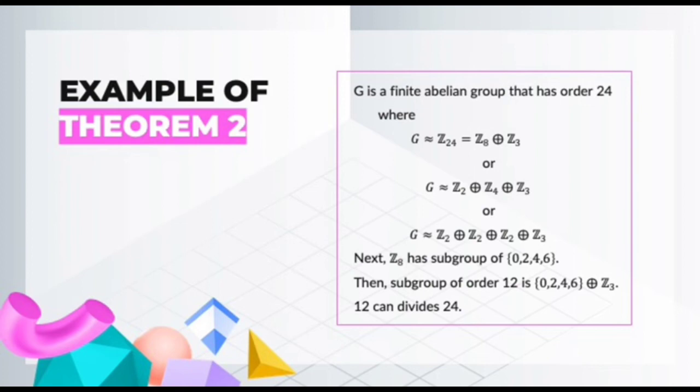Next, Z8 has the subgroup 0, 2, 4, 6. Then, the subgroup of order 12 is 0, 2, 4, 6 direct product Z3. 12 can divide 24.